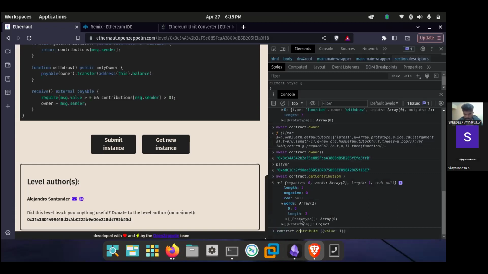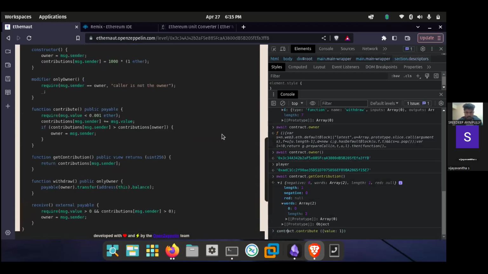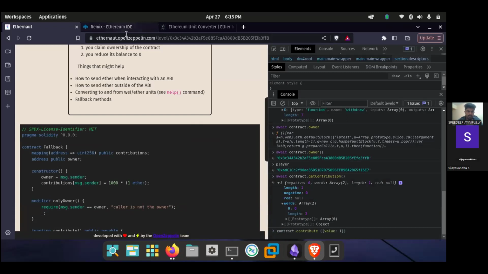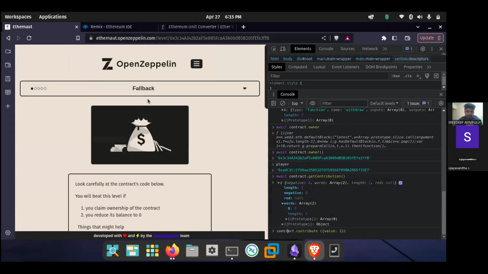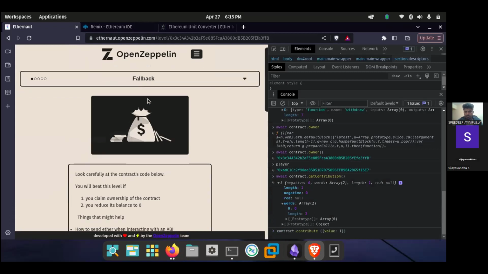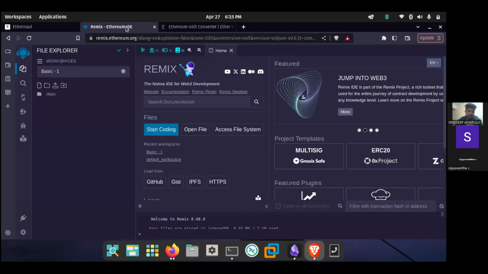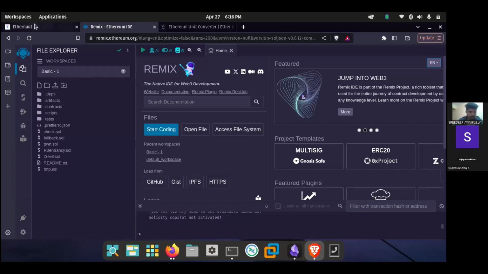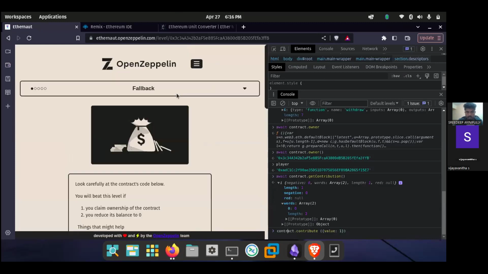Sridhi, which platform do you use to manipulate that contract? Platform as in, I didn't get you. Which platform do you use to hack that contract? Since this is a test network, this contract is implemented on Sepolia.